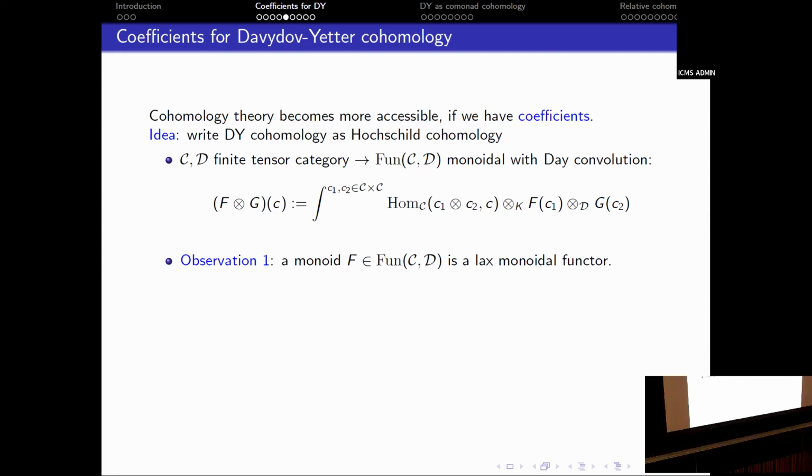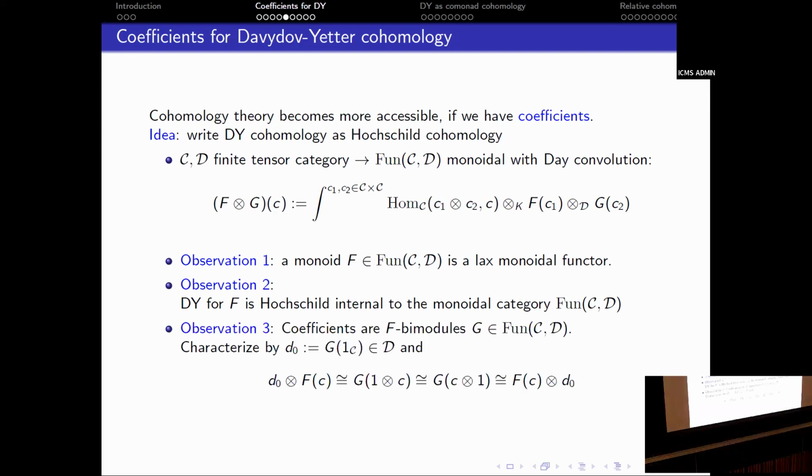This is an exercise which, if you find the rest of the talk boring, you can try to do in your head. So monoids are lax monoidal functors, lax because we just have a multiplication. Observation 2: Davydov-Yetter cohomology for F, which is now a monoid, is Hochschild cohomology internal in this monoidal category. And observation 3: coefficients are then bimodules. And if you work out what a bimodule is, it is an object in this category.